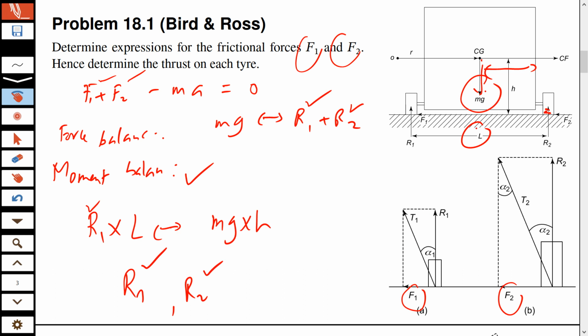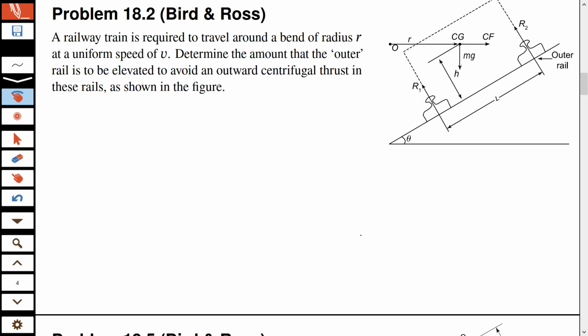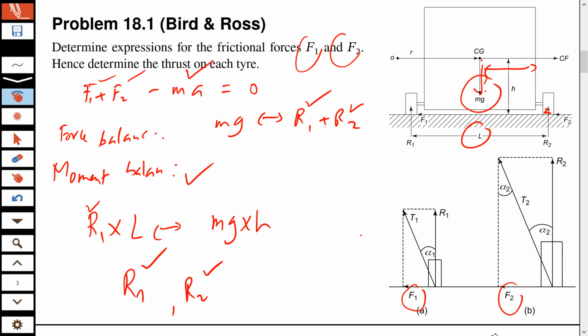And remember, how do you get the expressions for F1 and F2? From this equation. So that way you can solve this problem. And the detailed derivation is given in the book. So let's see, now in this, let me just try to highlight one important thing. Why do you need to generate these two forces, F1 and F2?